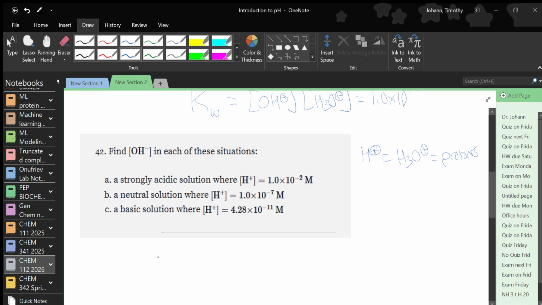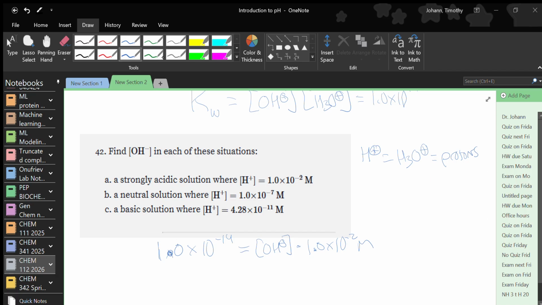So we've got 1.0 times 10 to the negative 14th is equal to our concentration of OH minus, which is what we're solving for. I'm just pulling the equation down from up above, times our concentration of H3O plus, which is 1.0 times 10 to the negative second molar. Remember, these brackets mean molar.